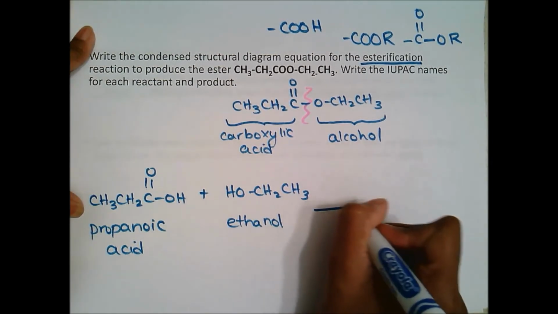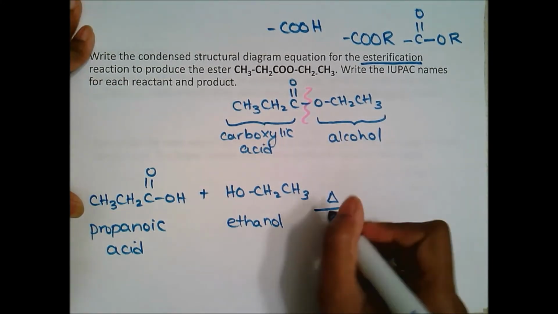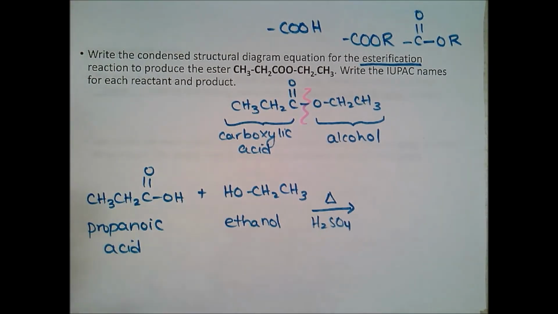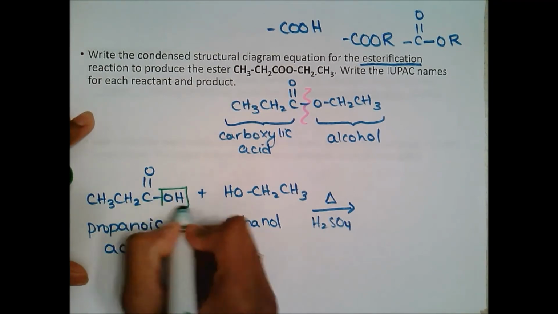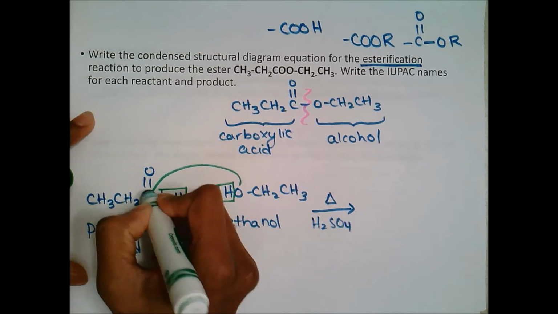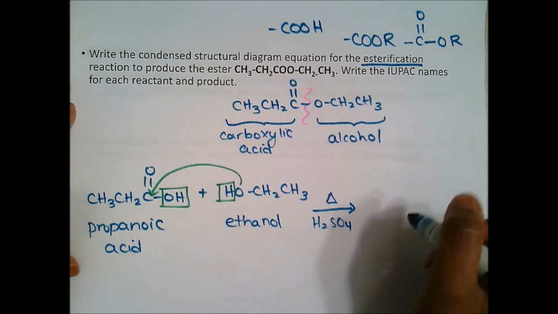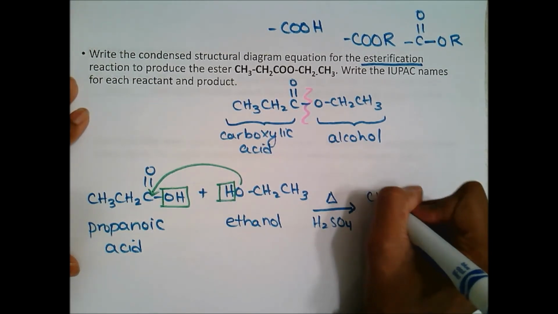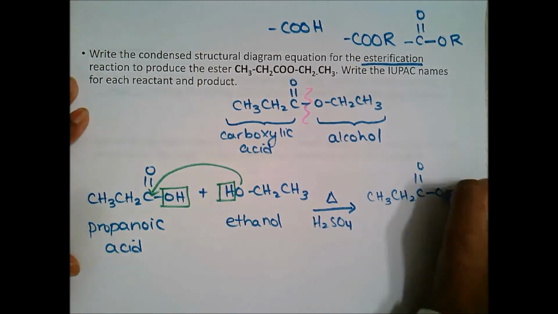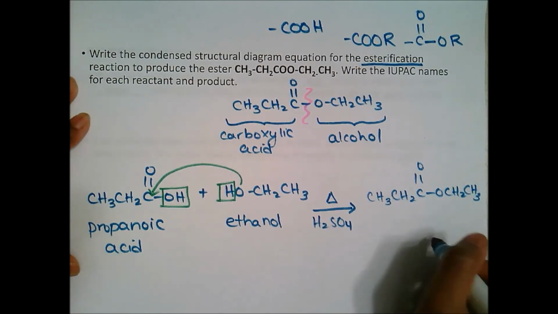So those two together are going to produce this ester for me. So remember, I'm going to need heat. I'm going to need H2SO4, sulfuric acid. And what's going to happen is your carboxylic acid, hydroxyl gets removed, this guy gets removed, and this gets added to the carbon there. So I'm just going to do a stick drawing here, but really, actually, I'm going to see if I can squeeze it in. So we get CH3, CH2, and we also get water.